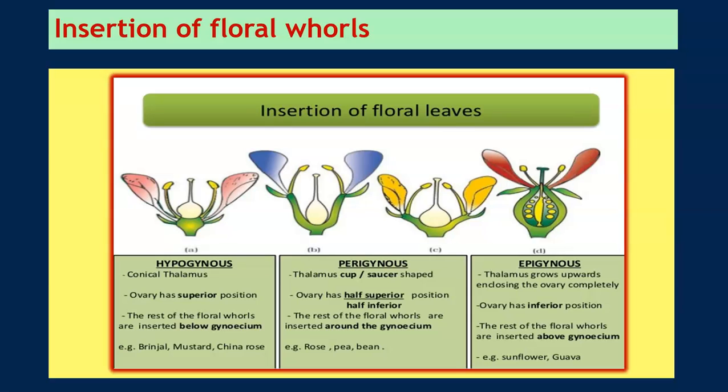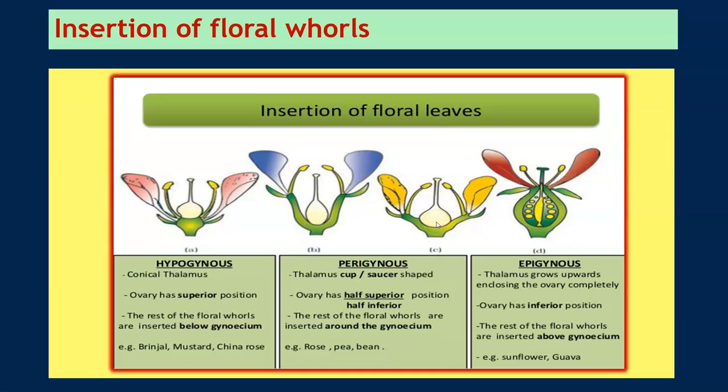Example, we have brinjal, mustard, China rose. Then next we have a perigynous flower, which is also called perigamy. When a cup-shaped or a saucer-shaped thalamus is present in the flower, the ovary and other floral parts occupy the same positions. So you can see here, this is a cup-shaped structure and you have the ovary and other floral parts occupying these similar positions.